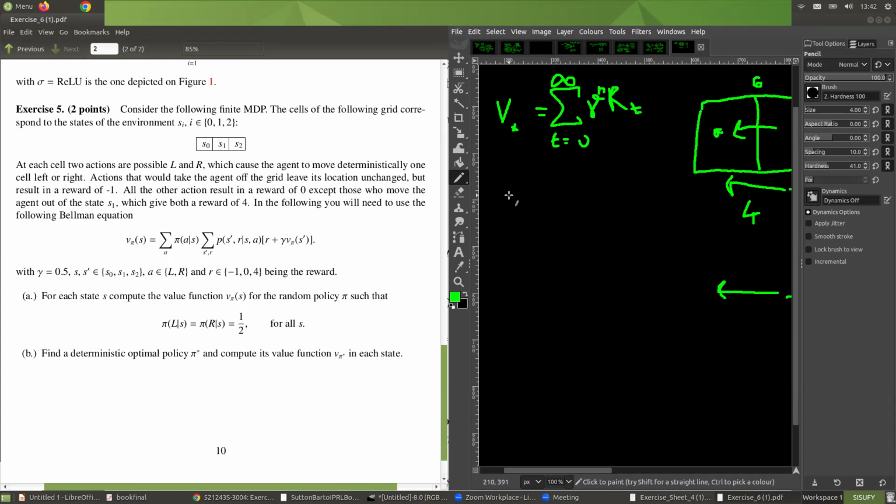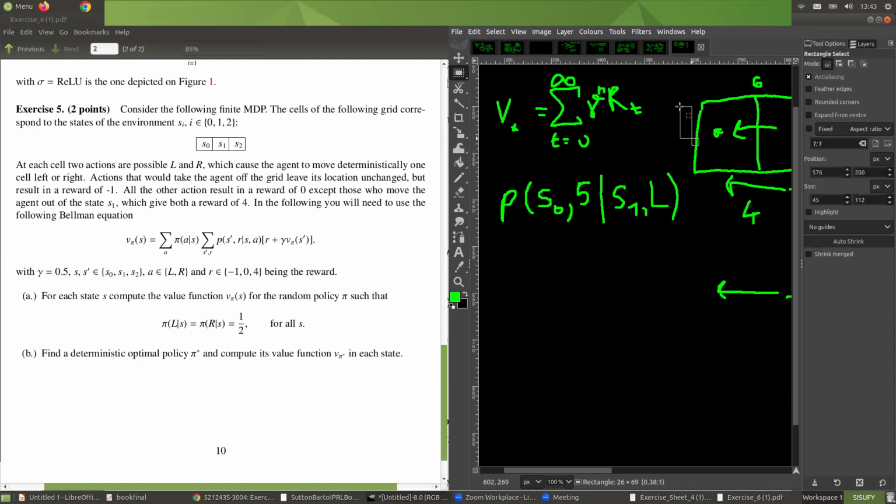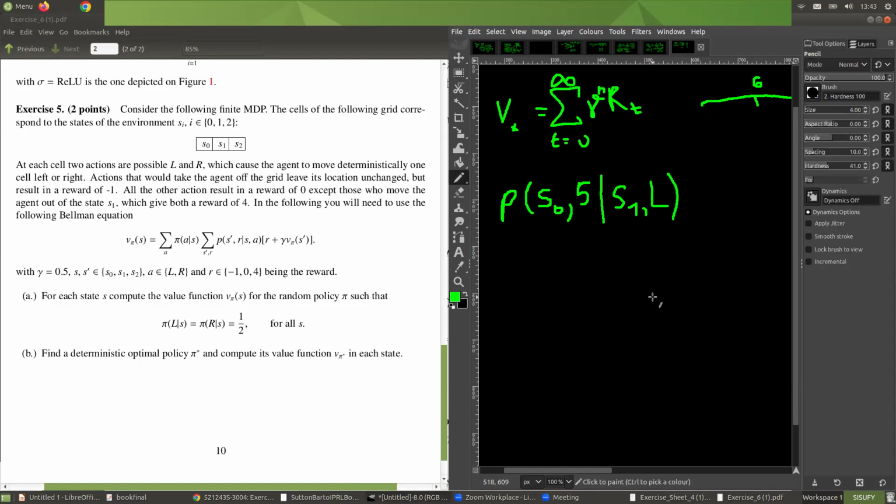So that means that the probabilities are always just 1 or 0. If we're asking about the probability of getting into state S0 and getting reward 5, just as an example, given state S1 and action left, that probability is 0 because there is no reward 5.